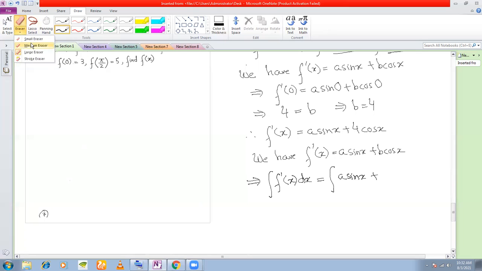Let's write this as 4 cos x dx, because the value of b we have already determined as 4. Now what is the integral of f dash x?